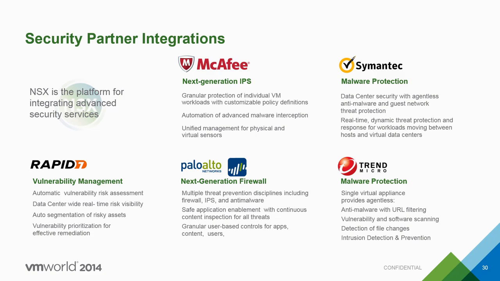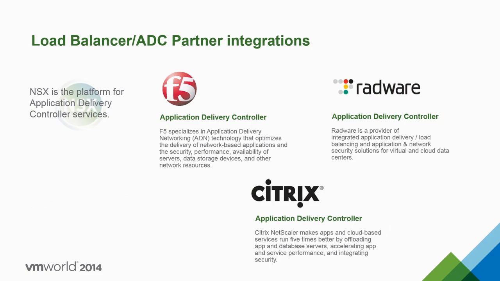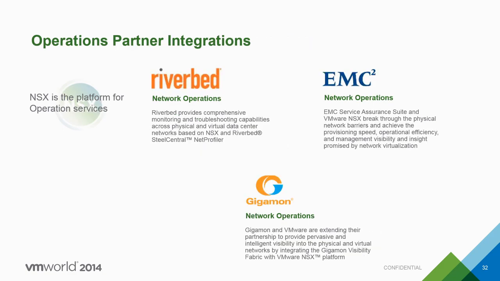So on the security part, I talked about Palo Alto Networks, but we have McAfee, Symantec, Trend, Rapid7. On the load balancer side, we have F5, Radware, Citrix. They are not all GA, actually, to be fully honest. But they can run POC, and we can show you in POC what we have waiting for the GA of this integration.